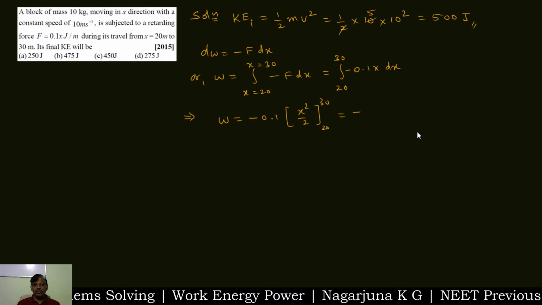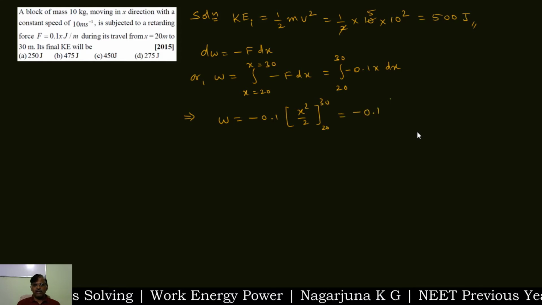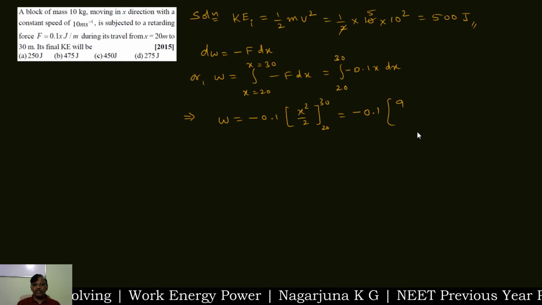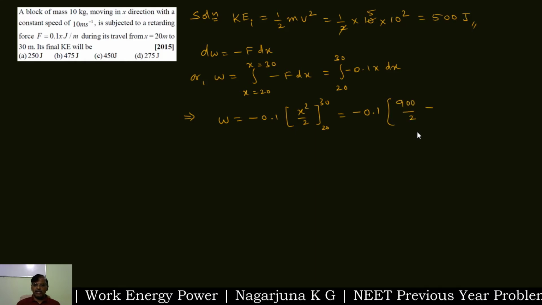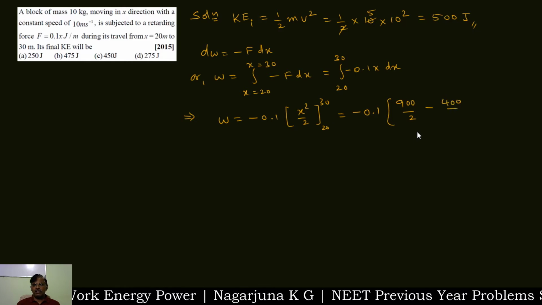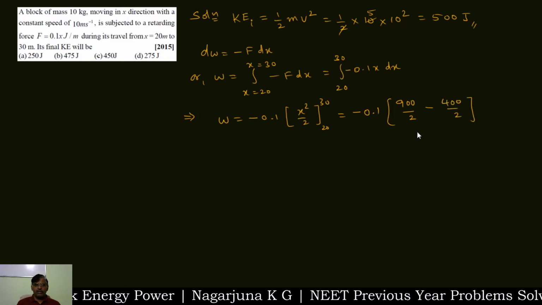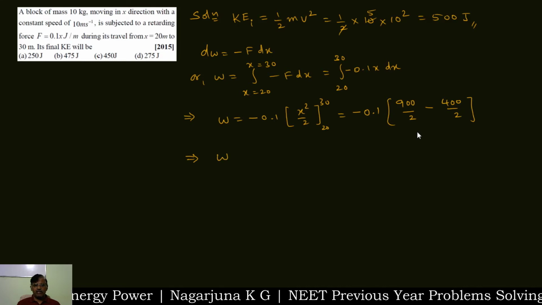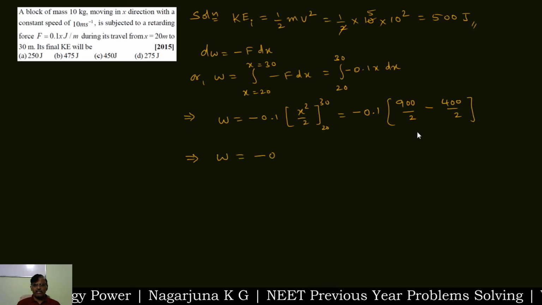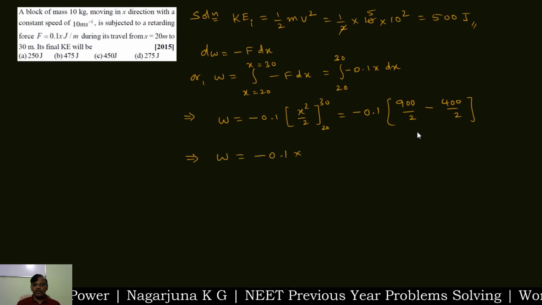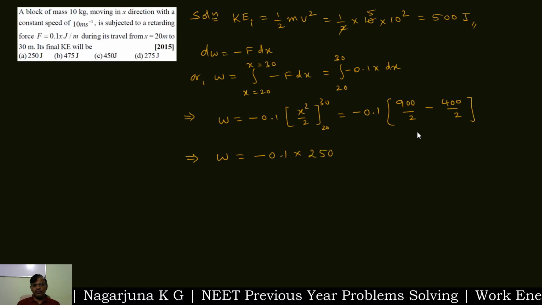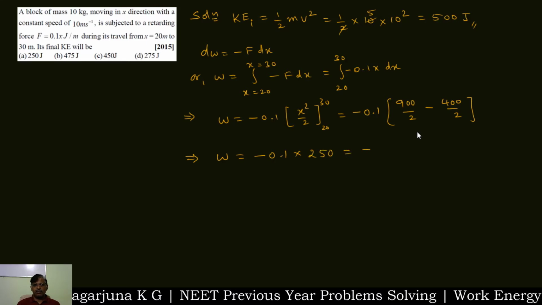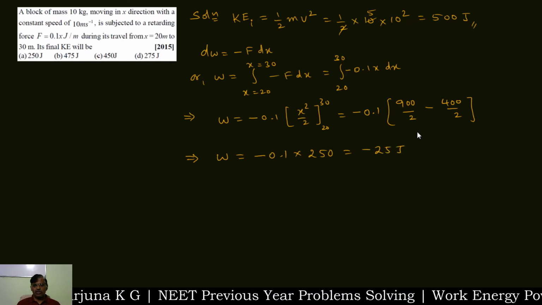That is equal to minus 0.1 into 30 squared, 900 by 2, minus 20 squared, 400 divided by 2. So W is equal to minus 0.1 into 450 minus 200, that is 250, so W is equal to minus 25 joules.